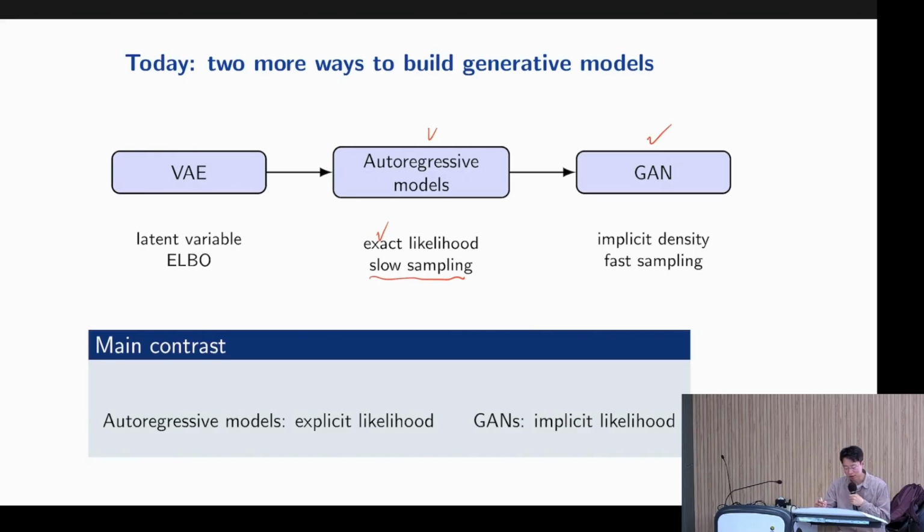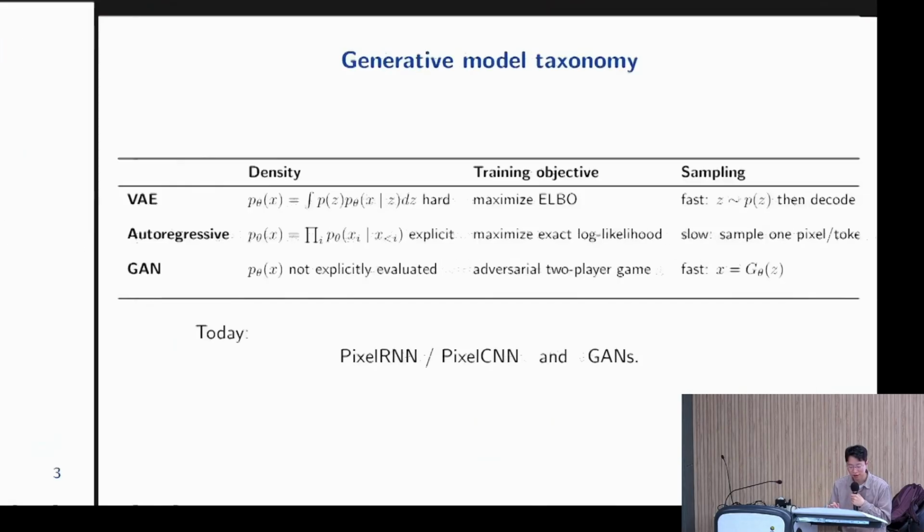And then we're going to talk about generative adversarial networks, GANs, where here we don't care about the likelihood. We just care about what's called implicit density, and has very fast sampling, just as VAEs. So once again, autoregressive models, we want to do explicit likelihood maximization. GAN, we want to do implicitly.